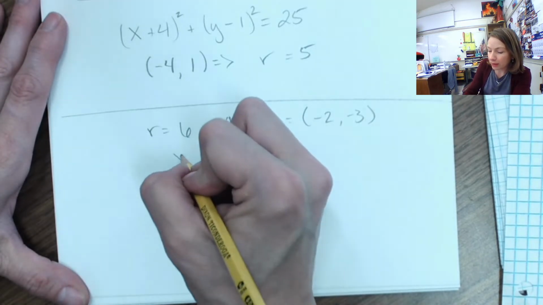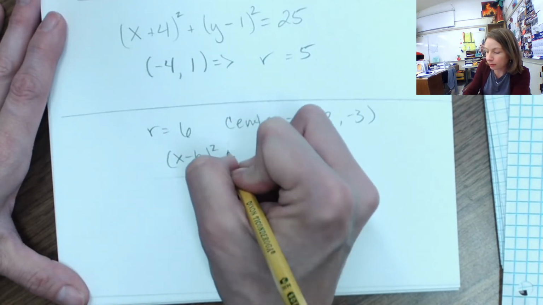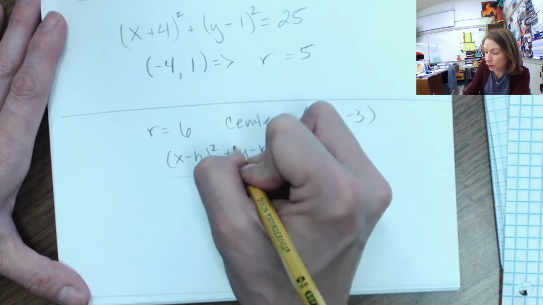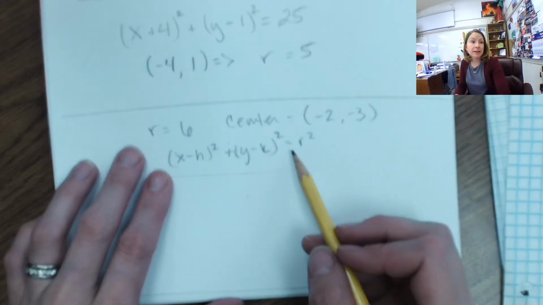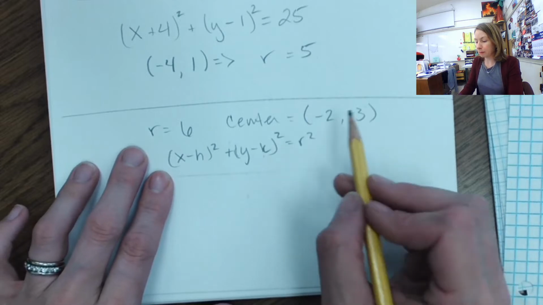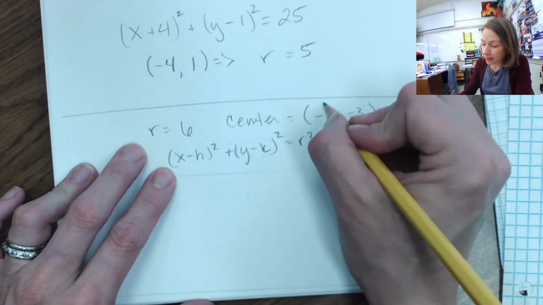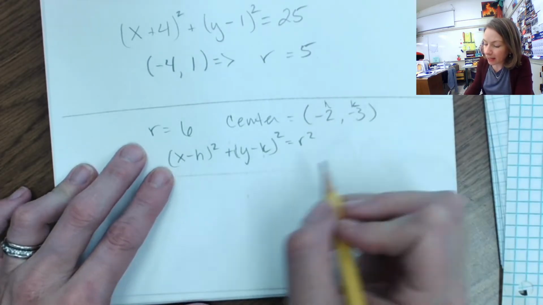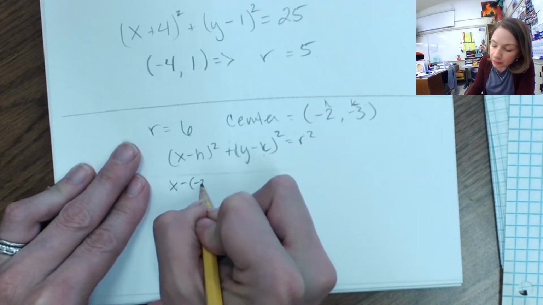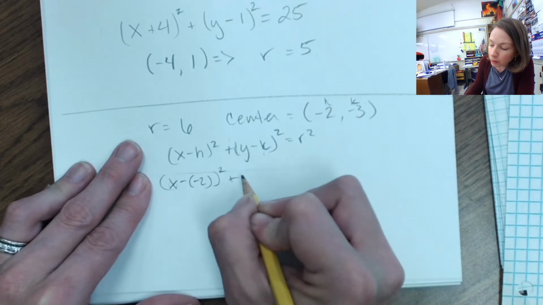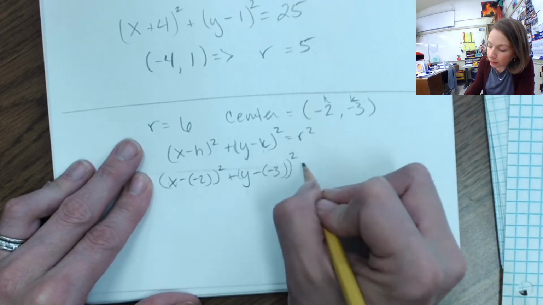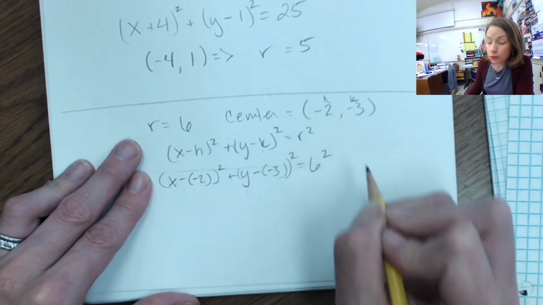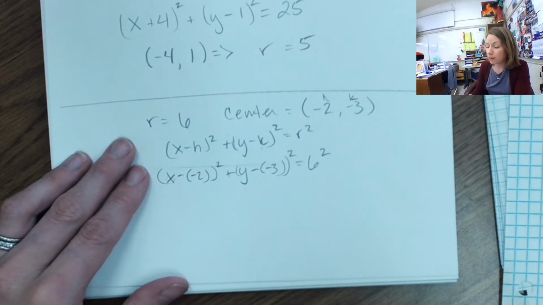Well, I know that I've got x minus h squared plus y minus k squared is equal to r squared. So I can just take these pieces and plug them in there. So I've got, this is my h, and then this is my k. So I've got x minus a -2 squared plus y minus a -3 squared is equal to 6 squared. I'm just plugging in the information that I was given.